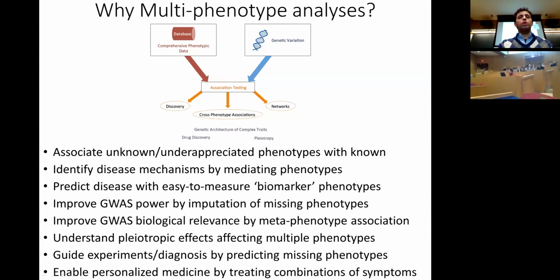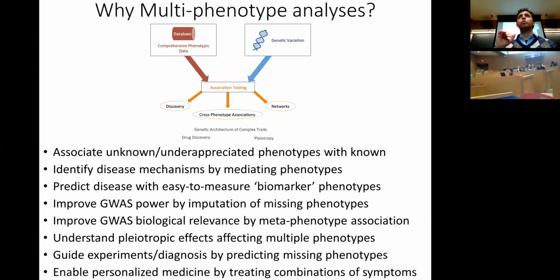You can also use combinations of these phenotypes to impute missing data for many, many more individuals. So basically, in your electronic health record, you may have the variable of interest for only a small number of people, but you may have highly correlated variables.